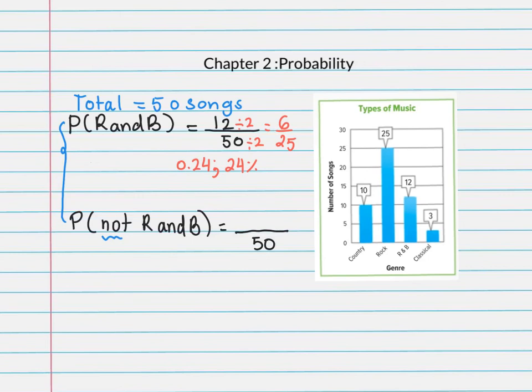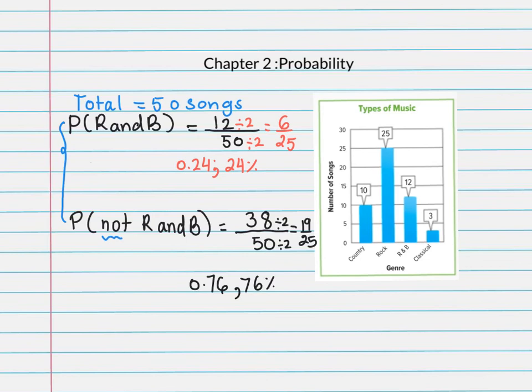That means it is 10 plus 25 plus 3, and that's 38 out of 50. If we have a possibility of simplifying, we simplify, divide by 2, and that's 19 out of 25. As a decimal, it is 0.76 and it is 76% as a percentage.